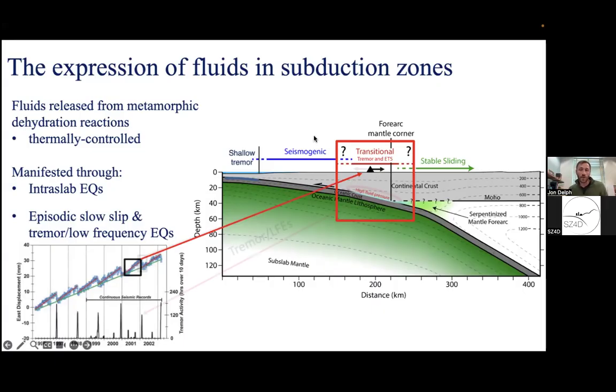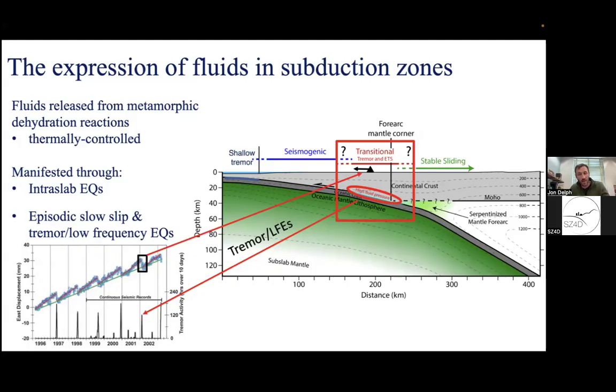And then every once in a while, we'll see a reversal of this geodetic signature telling us that we're releasing stress along the interface. Now, in most subduction systems, if we see a signal like this, it's associated with a megathrust earthquake, an earthquake taking place along our seismogenic portion of our plate boundary. This takes place over a period of seconds and releases a lot of seismic energy as a result.